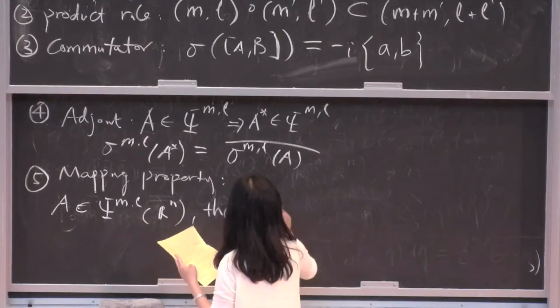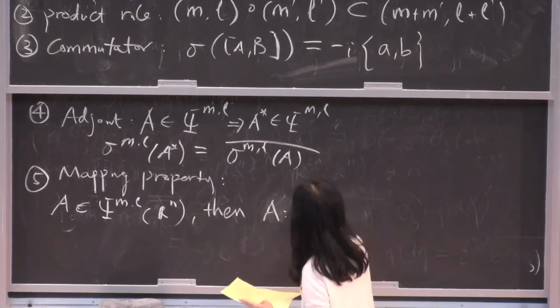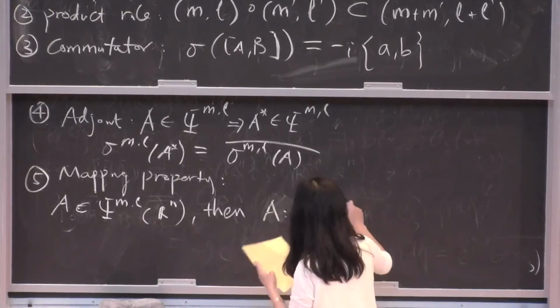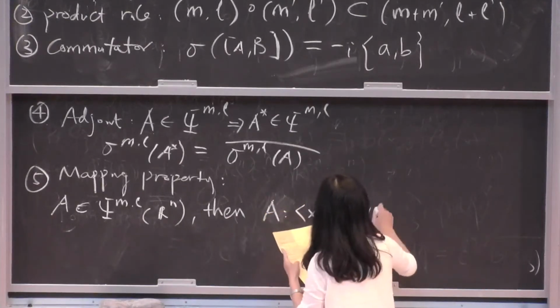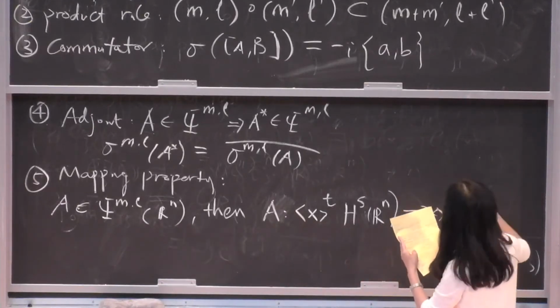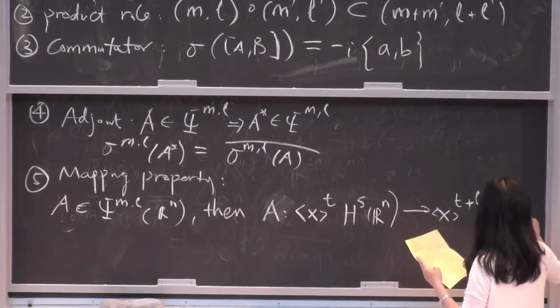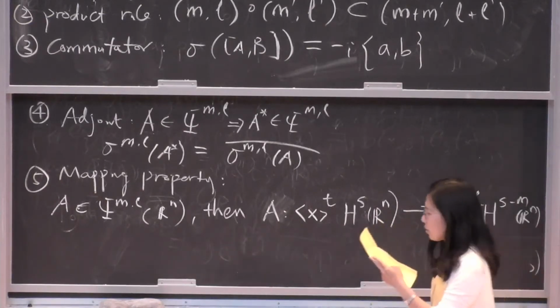Let me just write it this way: A acting from x to the t H^s(R^n) to x to the t plus l H^{s-m}(R^n). This is bounded.